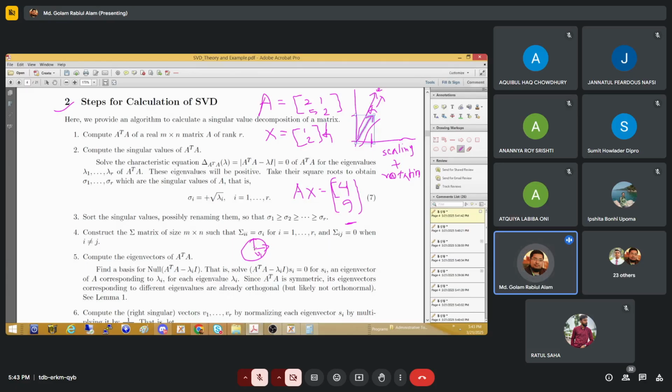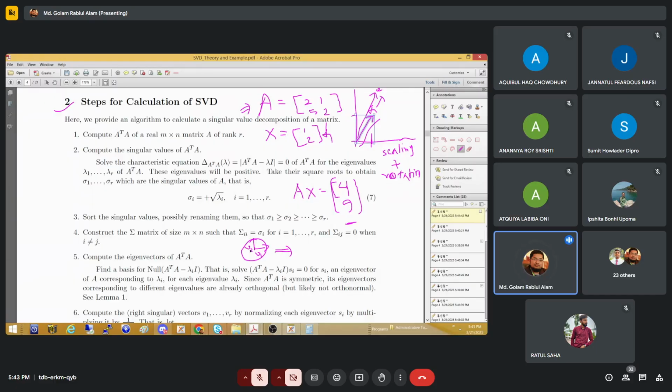These two vectors are just orthogonal vectors. Then if we multiply these vectors with a matrix like A, what will be the output for that case?